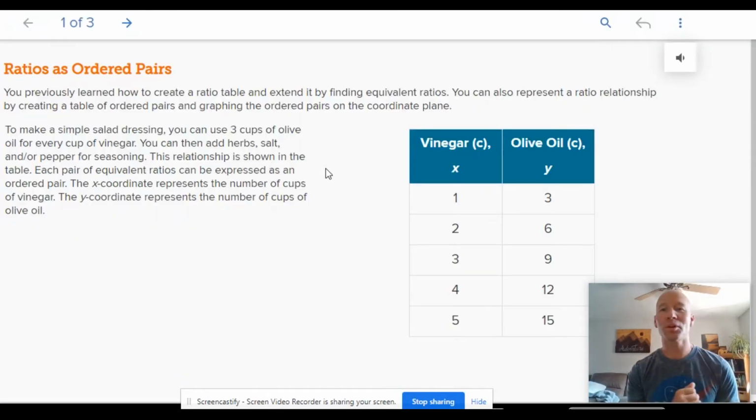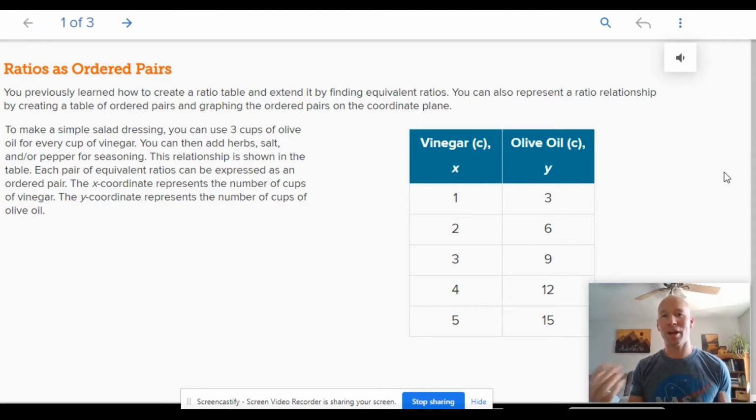Ratios as ordered pairs. You learned last week how to create a ratio table and extend it by finding equivalent ratios, which is exactly what we have right here. You can also represent a ratio relationship by creating a table of ordered pairs and graphing the ordered pairs on the coordinate plane. So to make a simple salad dressing, you can use 3 cups of olive oil for every 1 cup of vinegar.